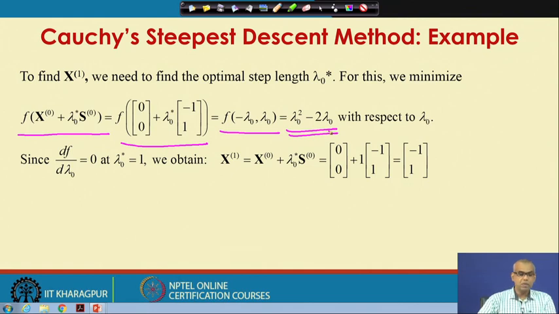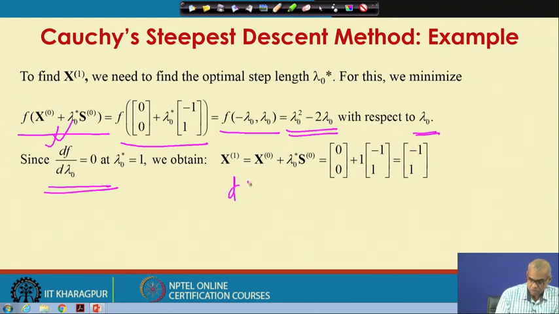This has to be made minimum with respect to lambda 0. For that, I have to take the derivative of the function with respect to lambda 0 and set that equal to 0.